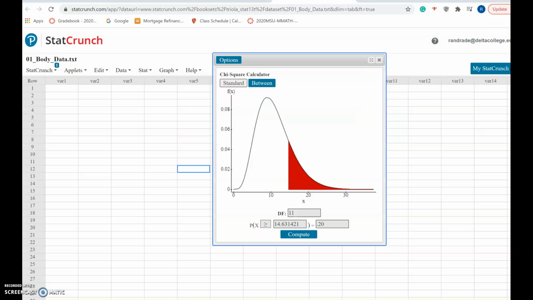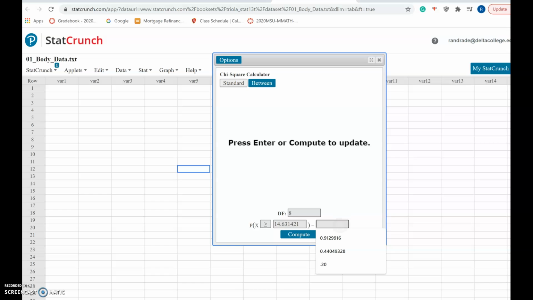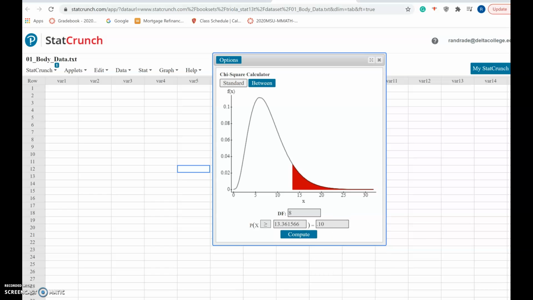Let me open up StatCrunch, and we said 8 degrees of freedom, 0.10 above it, and 13.362. Let me go back to the actual handout.